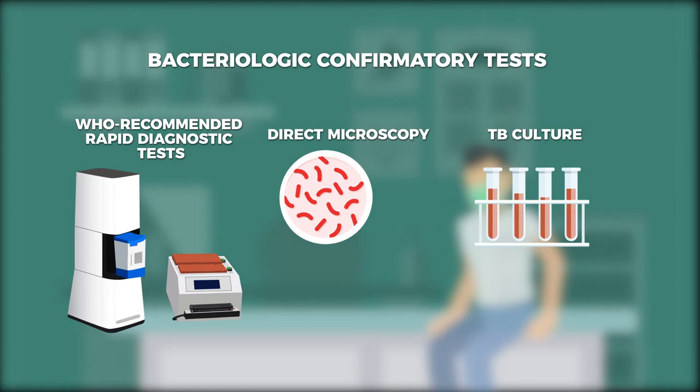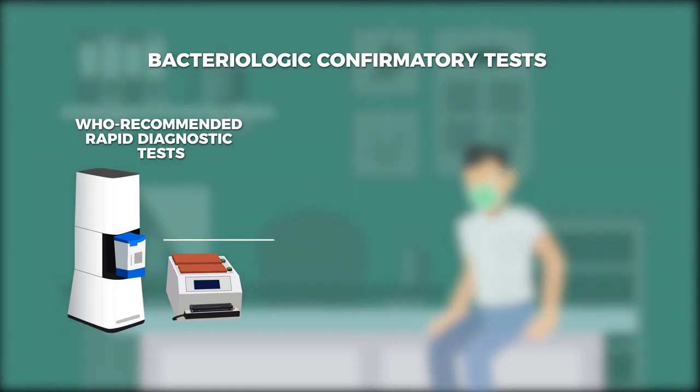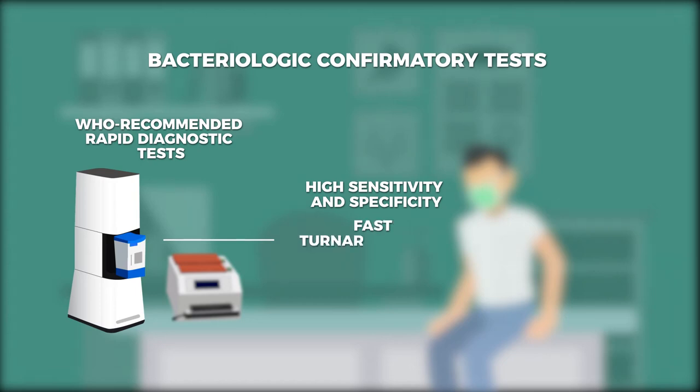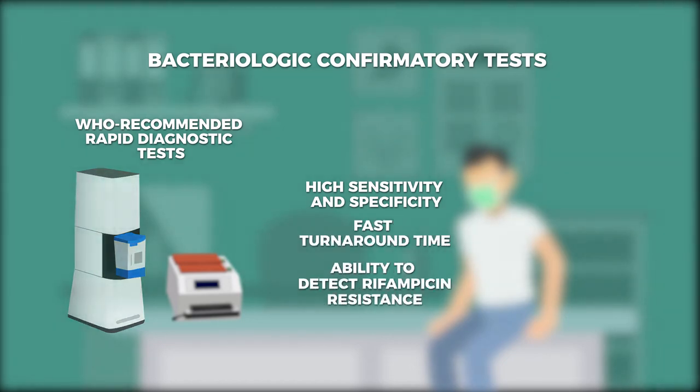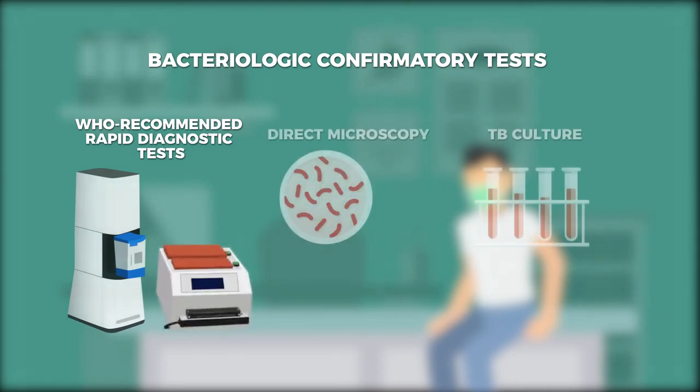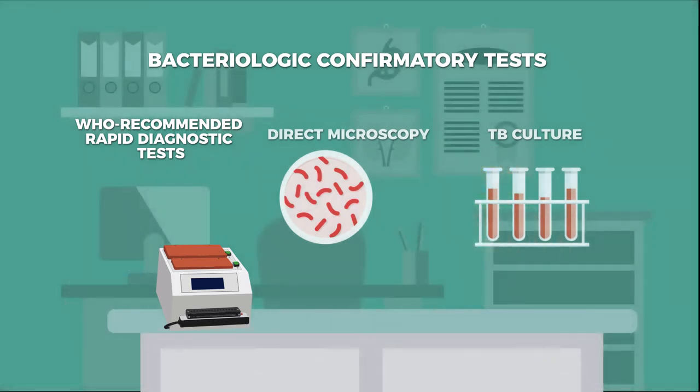Xpert MTB-RIF is now considered the primary diagnostic test for TB, replacing microscopy because of its high sensitivity and specificity, fast turnaround time, and the ability to detect rifampicin resistance. TB LAMP is an alternative WHO-recommended rapid diagnostic test which also replaces microscopy if available.